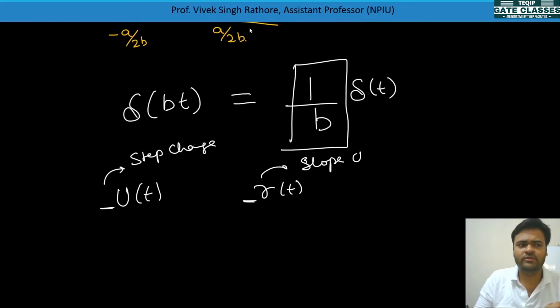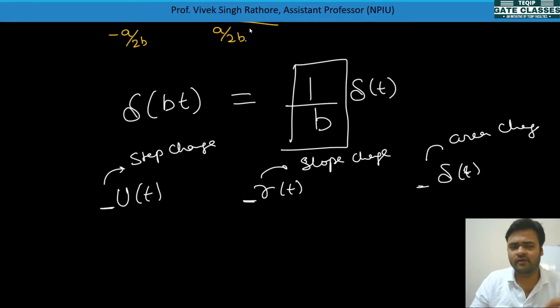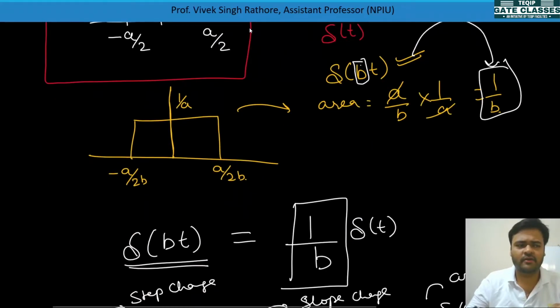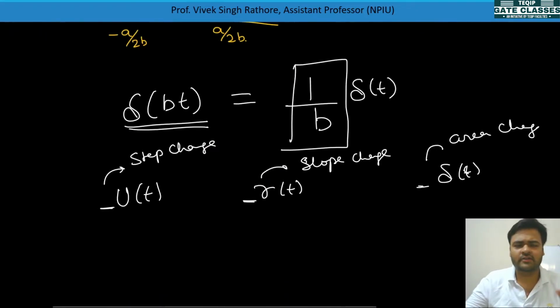And whatever magnitude is in front of delta t, that represents the area change. So the area will be represented in front of this. So delta bt represents the delta t signal only, just the area is changed to 1 by b, right? So I think you can conclude what happens by time scaling.